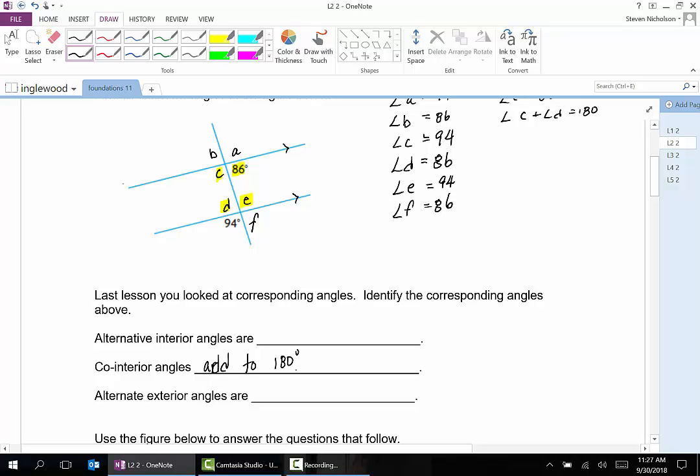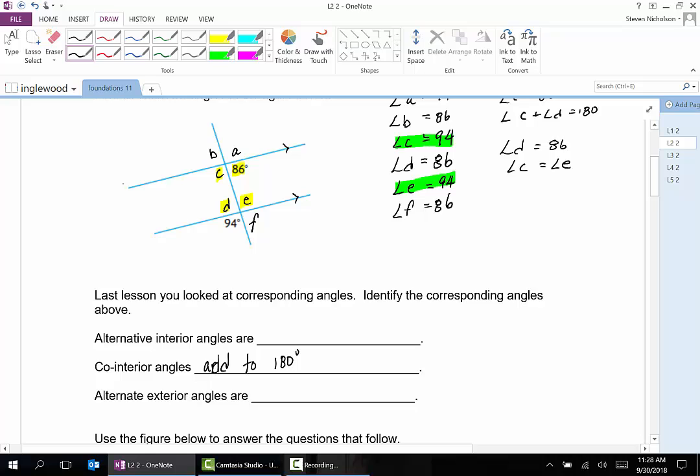Next thing you might have noticed is angle C equals angle E. So for example, right here, angle C equals angle E, and angle D equals 86. Those are another kind of angle. So angle D equals the 86 angle, and angle C and angle E equal each other.